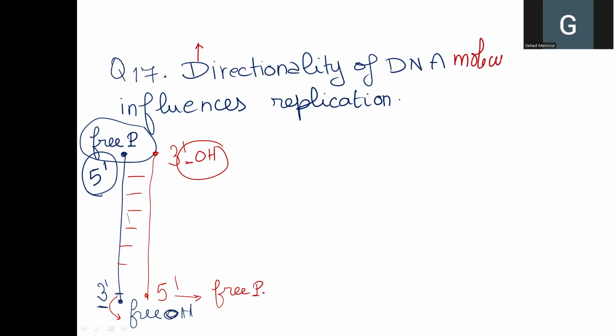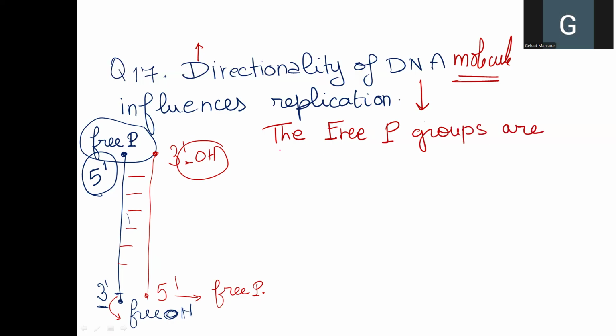It's more difficult to explain the directionality of a DNA molecule, but we can say it in an easy way by saying that directionality of the DNA means that the free phosphate groups, or the 5 prime ends, are at opposite ends of the molecule. The free phosphate groups are at opposite ends of the molecule.